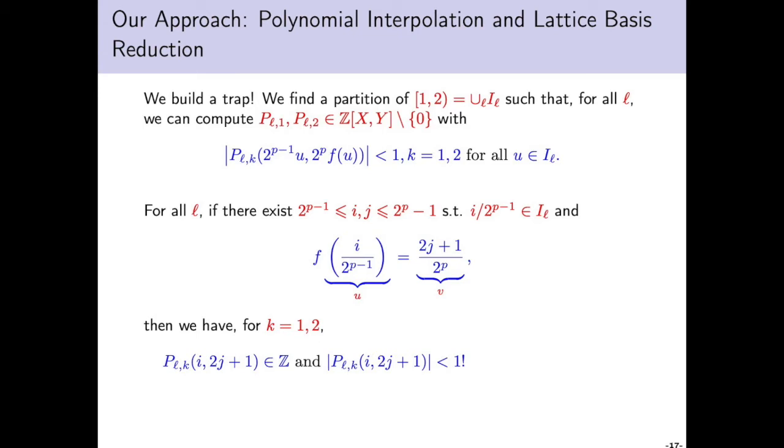You know that P_{l,k} of i, j plus 1 is in Z. Is it clear to you? These are integer numbers, the p's live there, so we are sure that it's an integer. But look, we also have this, and we know that necessarily it's an integer strictly between -1 and 1. Okay, it's 0.